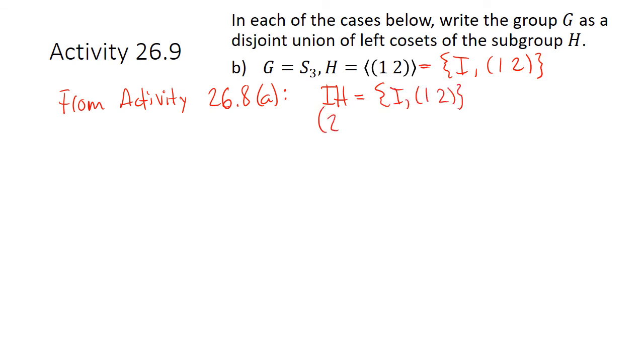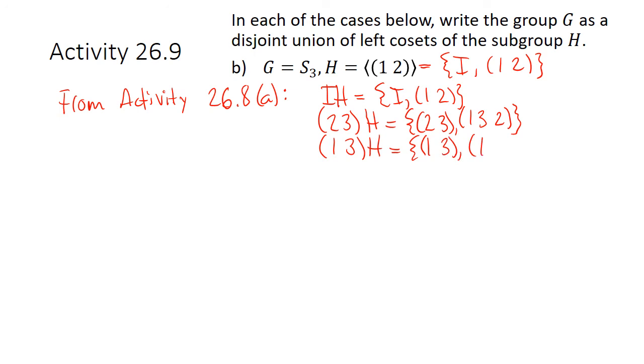And then (2 3)H was (2 3) and (1 3 2). And then (1 3)H was (1 3) and the cycle (1 2 3). That covers all 6 elements of S3. So we can say that S3 is equal to IH unioned with (2 3)H unioned with (1 3)H. And that's it.